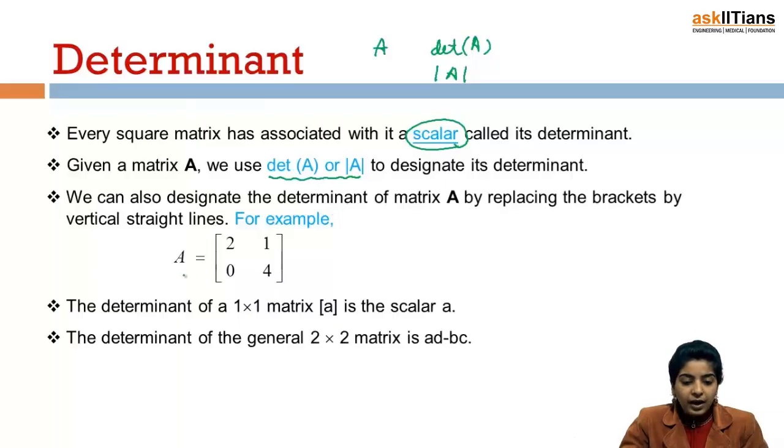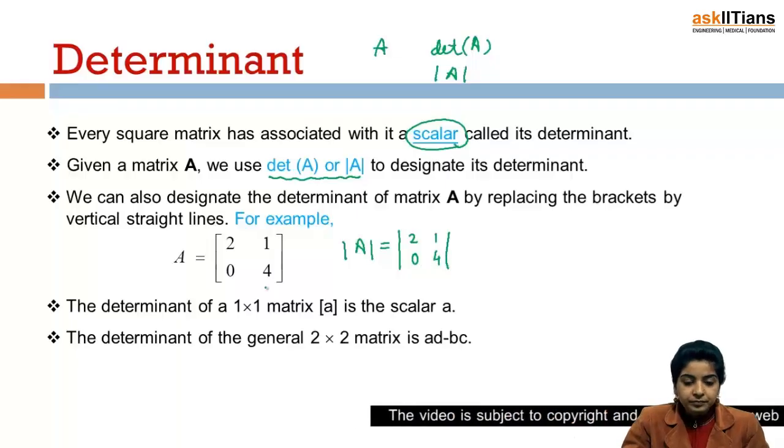For example, I have a matrix A as this, then determinant of A I'll write like this and the elements of the matrix remain as they are, right? So this is determinant of A.